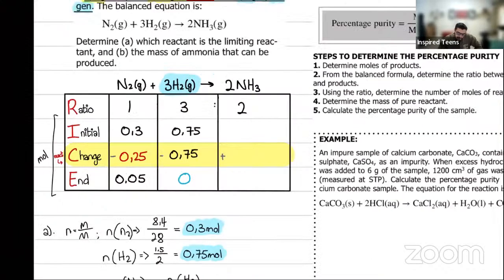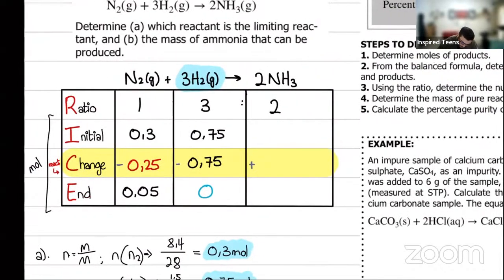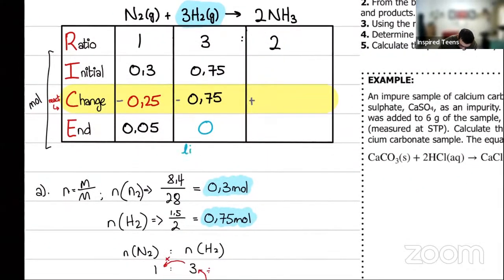This one would be our limiting reagent because it ends up with 0, and this is the one that would be in excess. It's even shown in the amount that they have in the end.